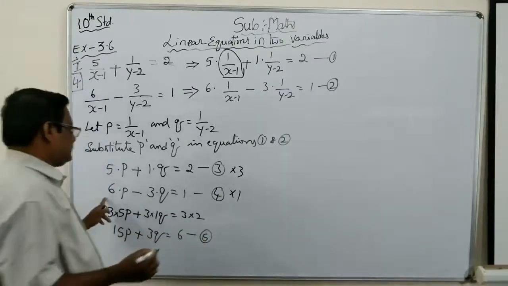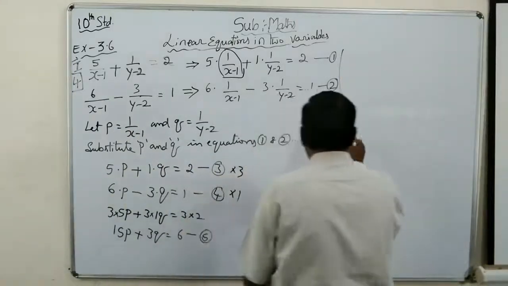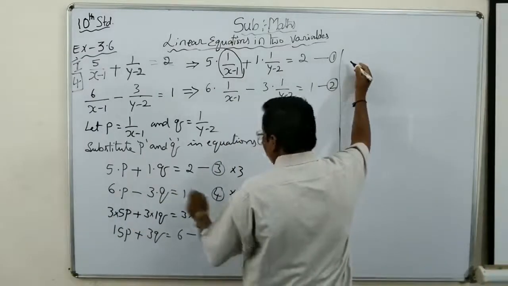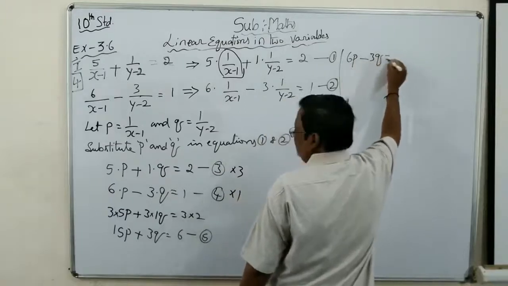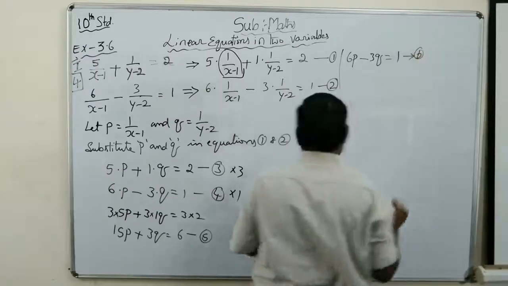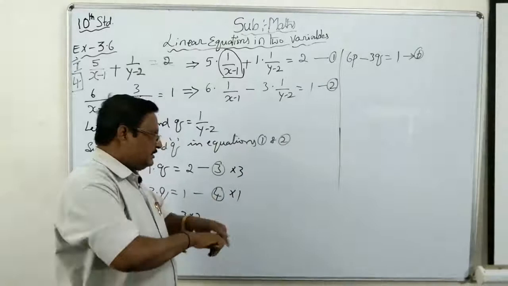Sixth one, see here, equation number 4 is multiplied by 1, means as it is, 6p minus 3q is equal to 1. This is the sixth equation. When the equation is multiplied by 1, it remains the same.